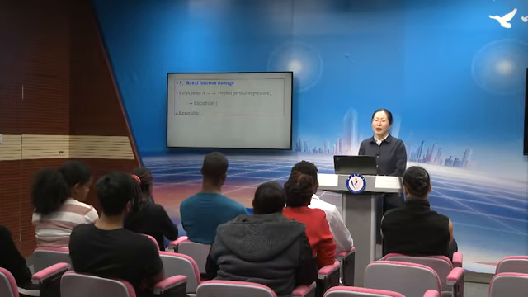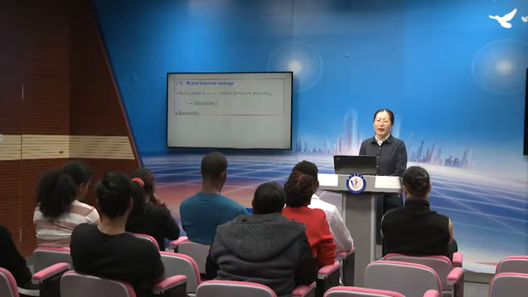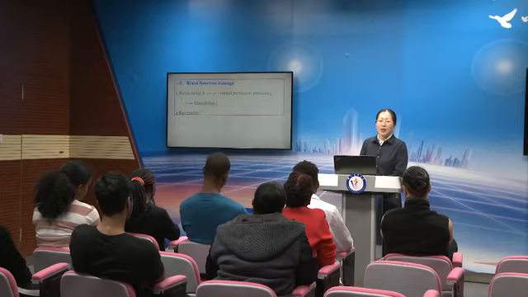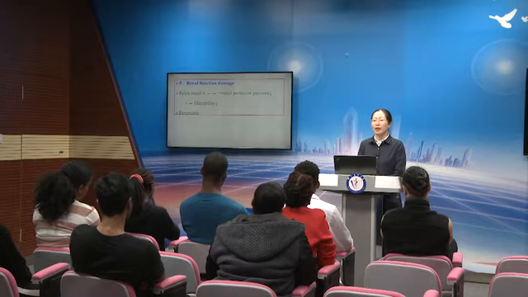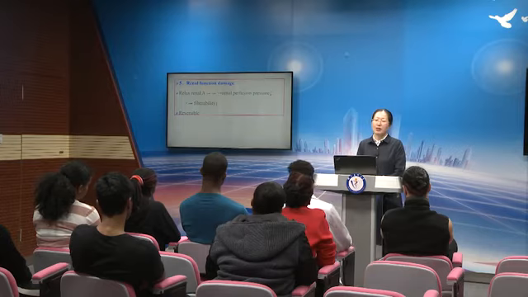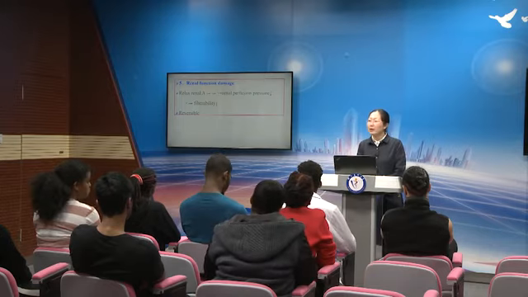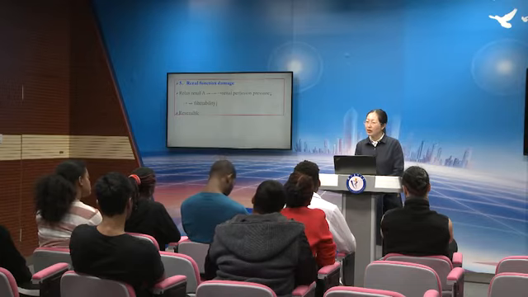ACEI also damages renal function. Why? The reason is captopril, enalapril, vasodilation, especially relax renal artery. Renal perfusion pressure is reduced, so filtration is reduced, and it may damage renal function. But maybe you're confused. Why?